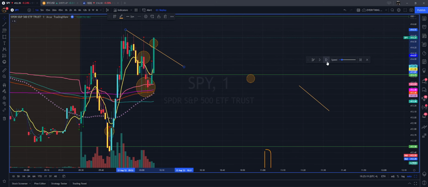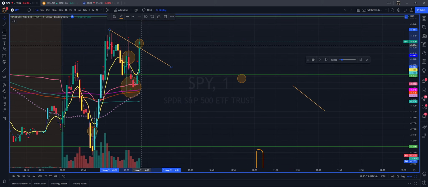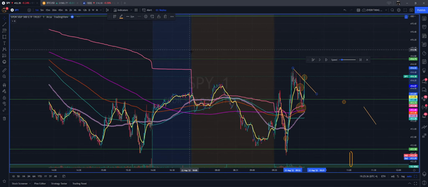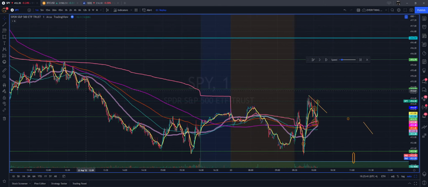But then I waited, and then we see a big green candle. As soon as I saw this big green candle, I went in immediately. Even though it looks like FOMO, look at this candle, it's big. I was expecting that it would go somewhere from the previous breakdown of this structure right here.